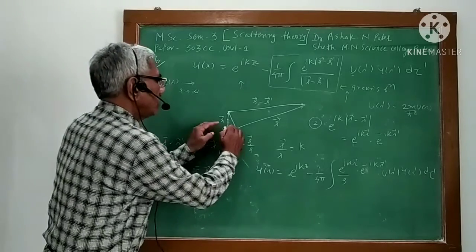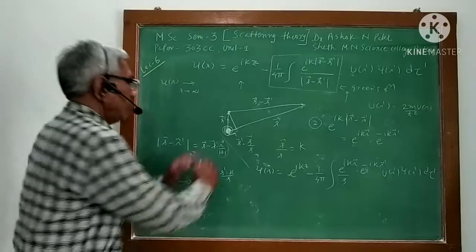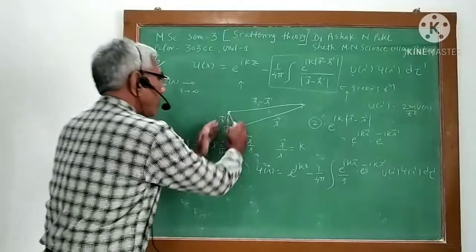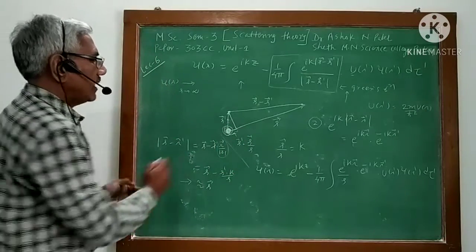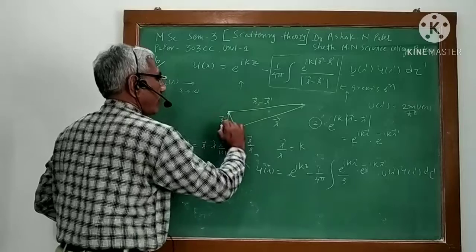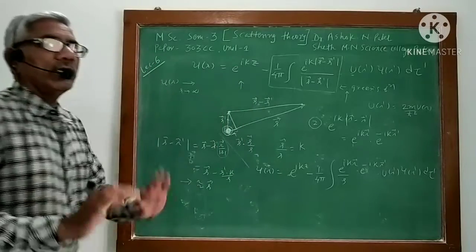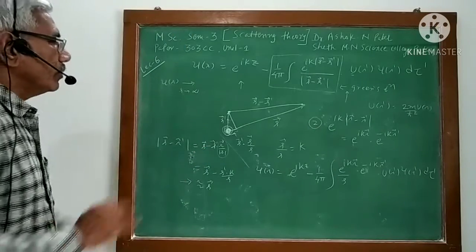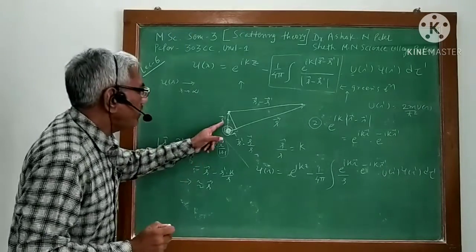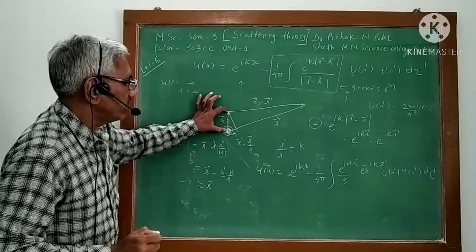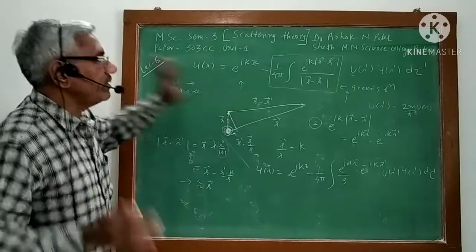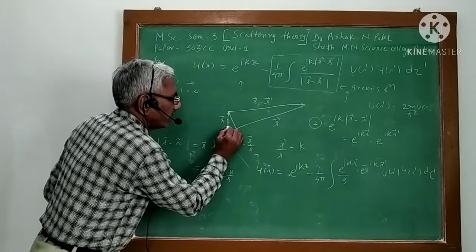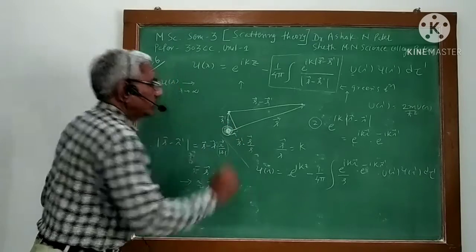So because of this charge, the potential will be created, but that potential will be in the nearby area. So in the nearby area there is some potential, but as soon as you go far from this target point, its potential will become zero. So if r is large, then in that case potential will be zero. Okay, but if this r dash is very small, in that case the potential is large.